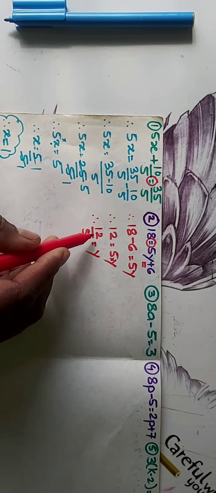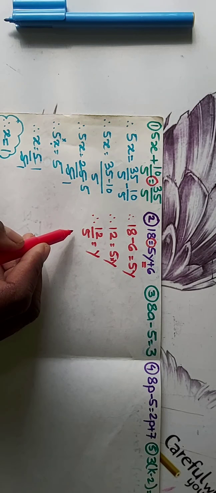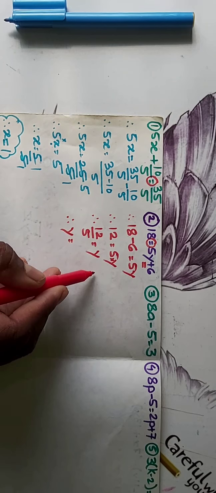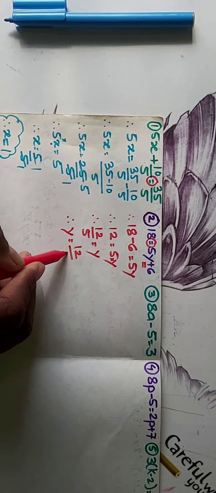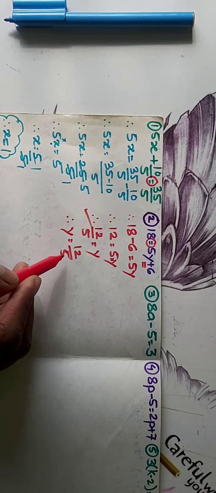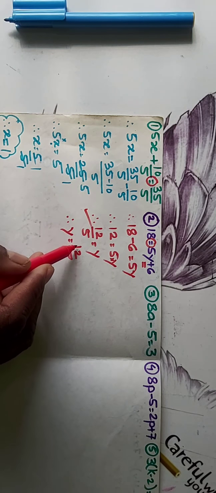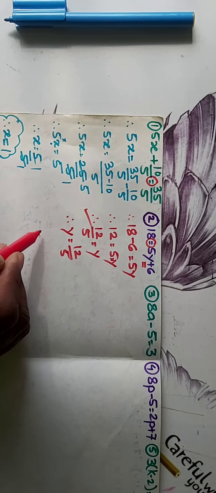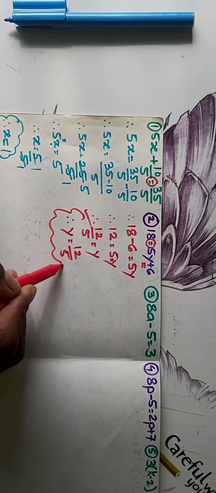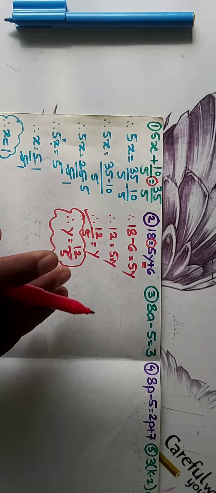Okay, it is divisible, but we get the answer in decimal fraction, so no need for that. Therefore y is equal to 12 upon 5, you can write it this way, this is also correct. If here it were 15 instead of 12, 5 3s are 15, y would be equal to 3, but this is the final answer because 12 is not divisible by 5.